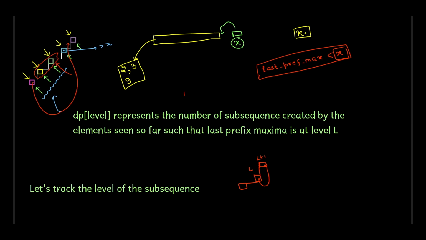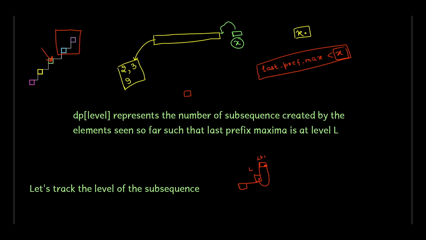But what about the other case, where all these elements are greater than x, and you are at this level, for all the subsequences that you have computed? What happens if x is smaller than this green box that you see over here?